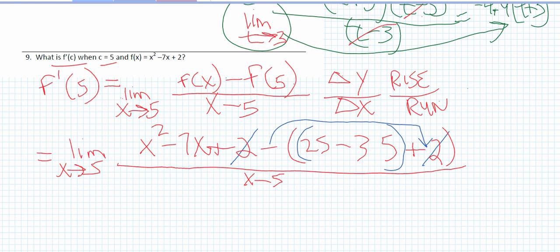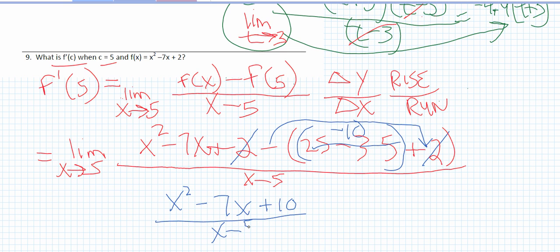So it looks like a negative 10. So you could replace this with a negative 10 and now distribute the negative to that negative 10, and now you just have to take care of this polynomial, x squared minus 7x plus 10 all over x minus 5.